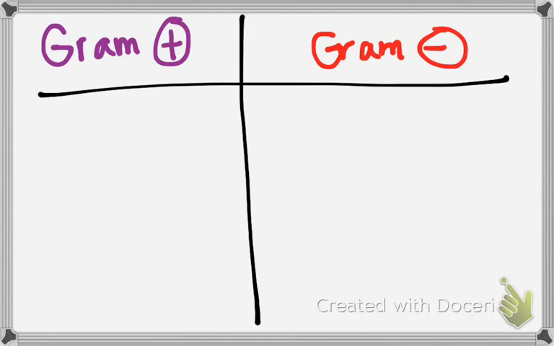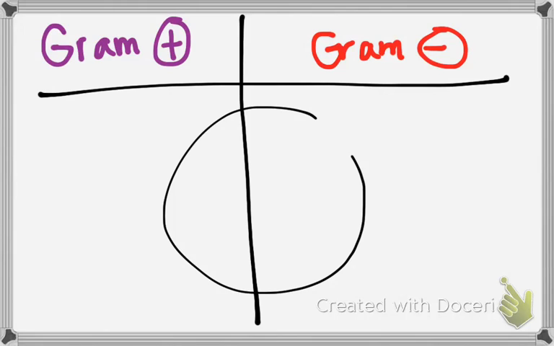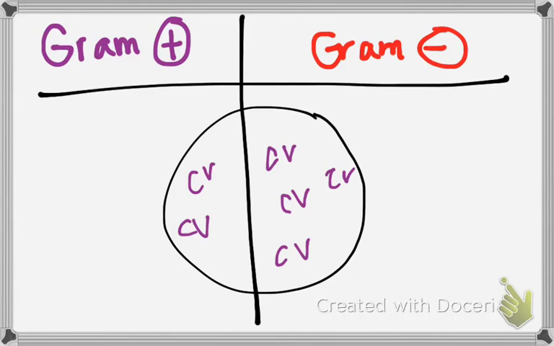Okay, so here's your cell. Step 1. The first thing is you add a crystal violet dye. This is a basic dye. If you're looking at your notes, this is the primary stain, a basic dye. You put it all over the bacteria. So that's step 1, and that's on gram-positive and gram-negative.